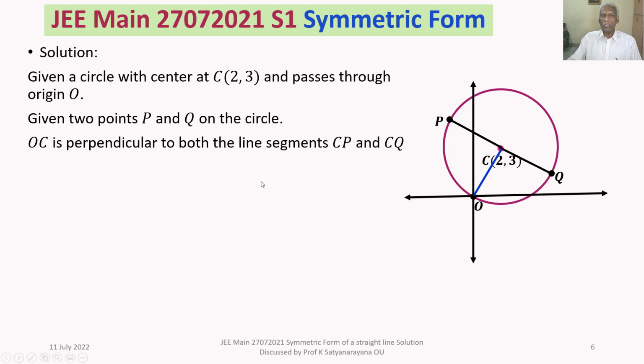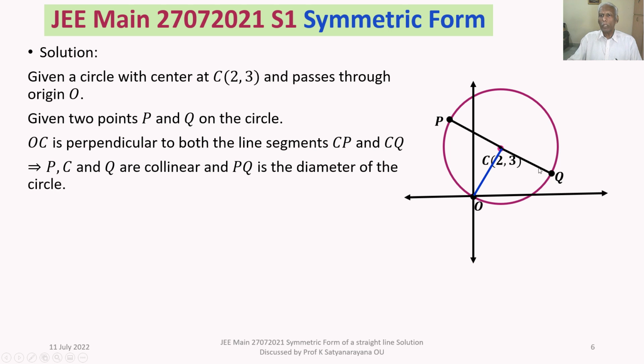Then this implies P, C, Q are collinear and PQ is the diameter of the circle. Now OC is the radius, equal to the distance between (0, 0) and (2, 3), that is the square root of 13.